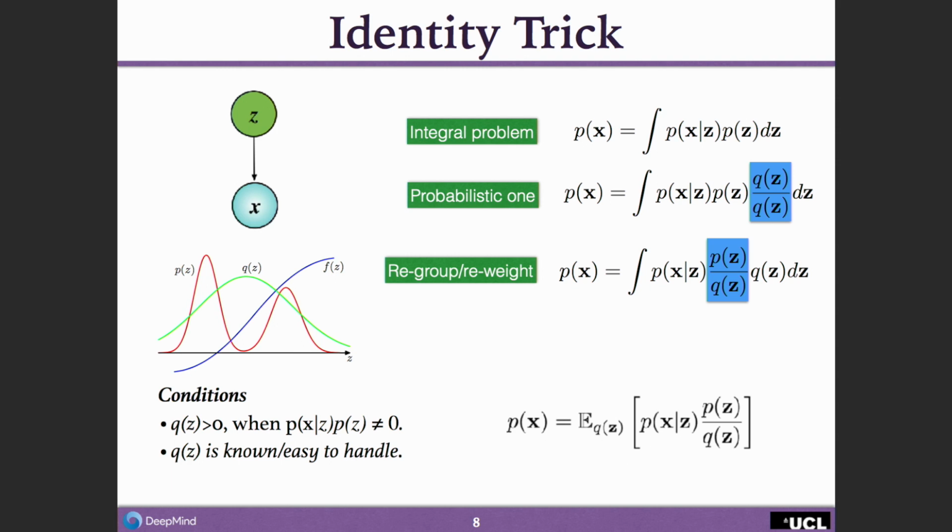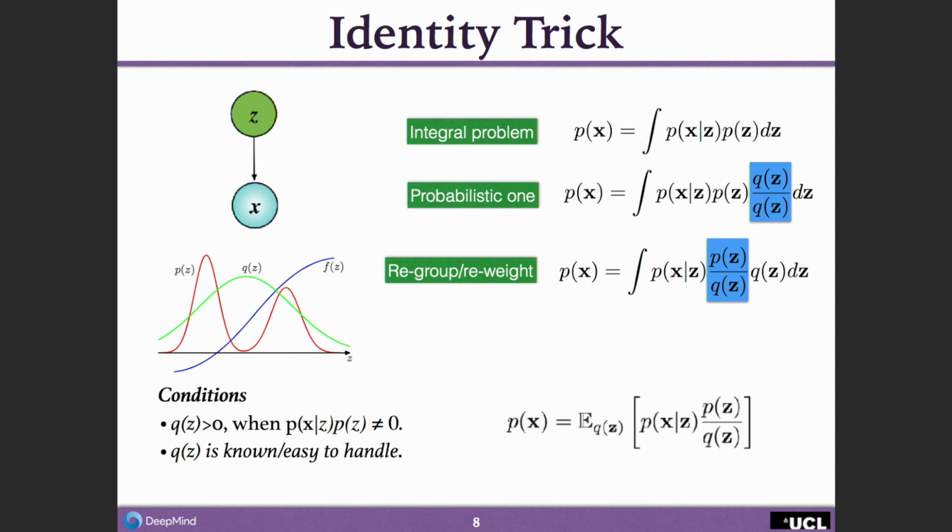But now I can regroup the terms. I can leave P of x given z, and I can group P of z divided by Q of z as some new quantity. This ratio is something to keep in mind; we'll look at it a bit later. And now there's a new distribution over z, and this is an integral which is an expectation under the distribution Q of this new quantity.